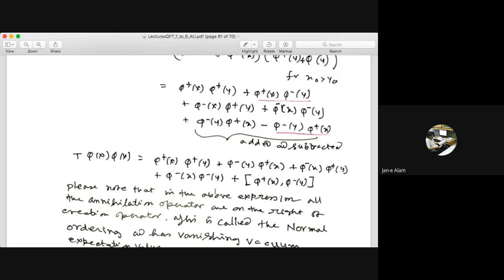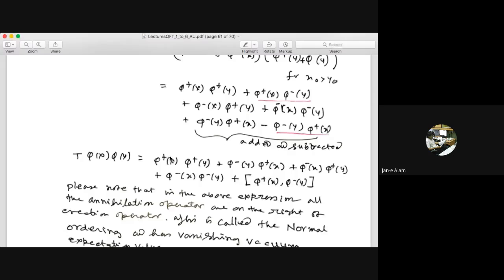We can make a very important observation here. In a term, wherever there is an annihilation operator, that operator is on the right. Phi minus contains the creation operator, but phi plus contains the annihilation operator, so phi plus is on the right.